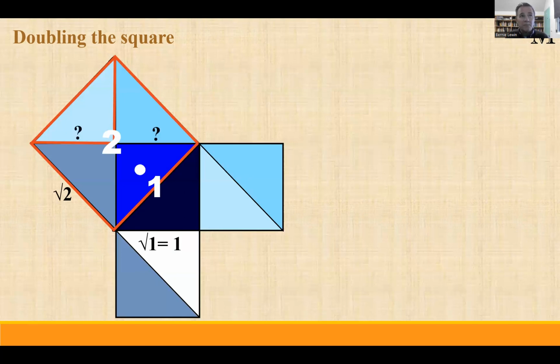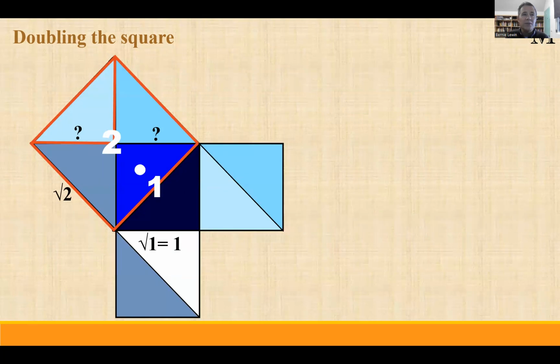Now, perhaps we can do this again, of course. We can go to the second square and we can draw a square on its diagonal, and that square should be double the second square. What is the length of that diagonal in the second square?